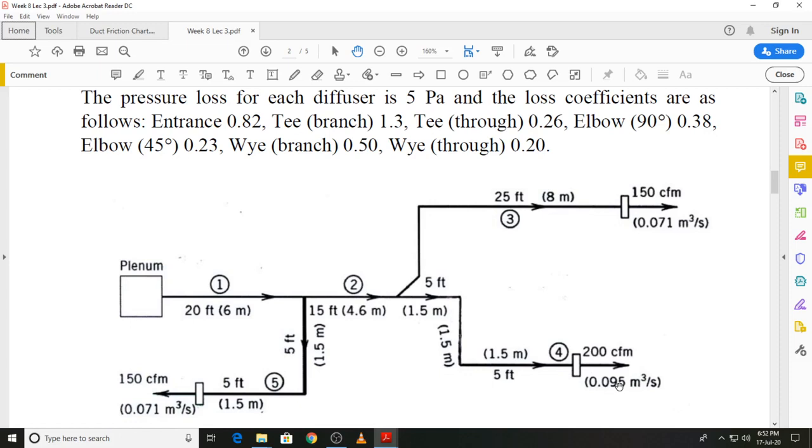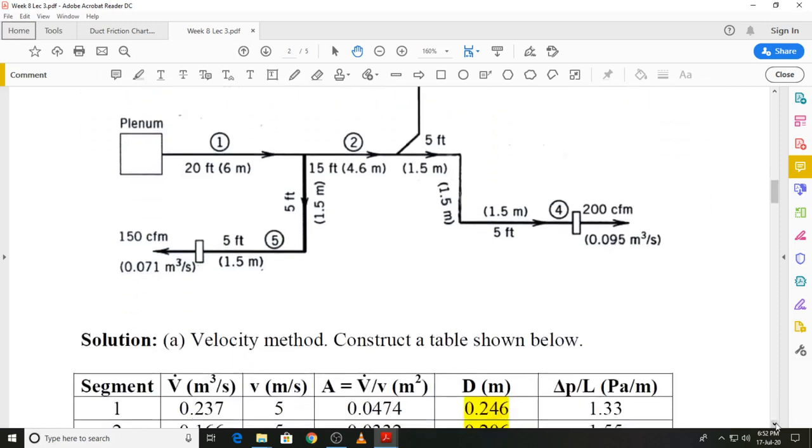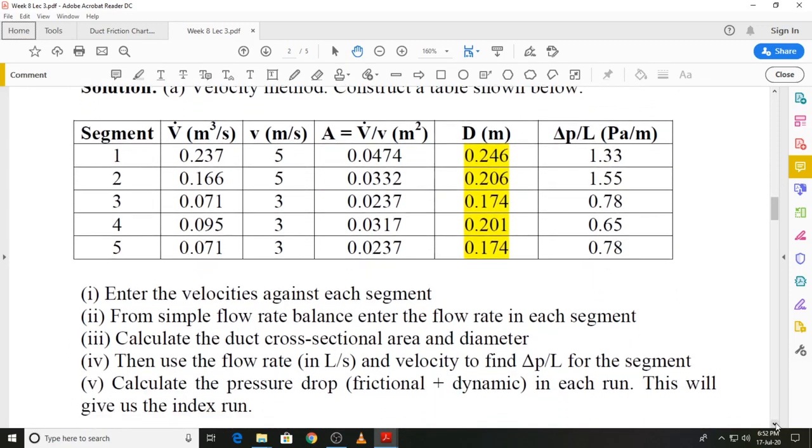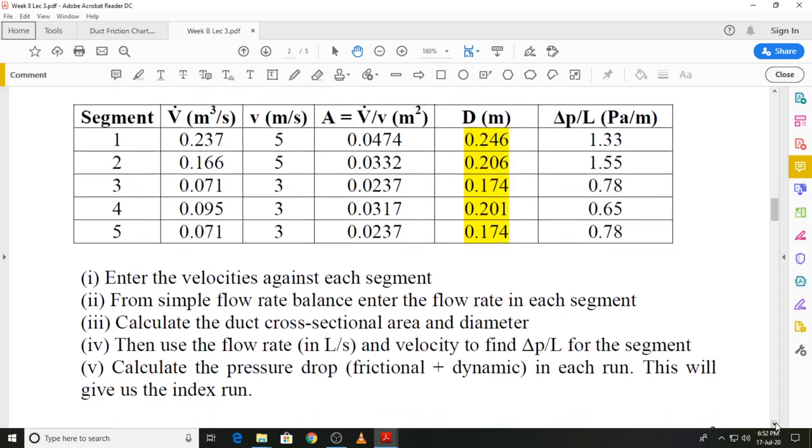And it is convenient to draw a table in which we have these results, and that is shown over here, and all the steps are also mentioned over here. So the first thing that we can do, we have the segments, which could be numbers or could be letters. Then against each segment, because we have been given the velocities, we have entered the velocities.